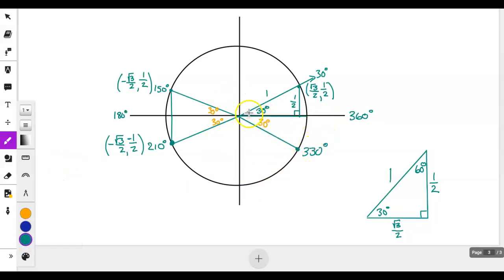Again, this distance we figured out is √3 over 2, and I'm going right again, so it would be positive √3 over 2. But I'm going down, so that would be negative 1/2. So all of the angles that are 30 degrees from the x-axis have some combination of an x-coordinate of √3 over 2 and a y-coordinate of 1/2.